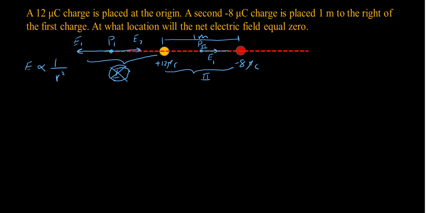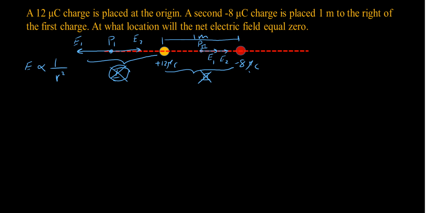For the negative 8 microcoulomb, it will also be going in the positive x direction. It is very obvious they are adding up in the same direction. That means there is no way in region 2 for the electric field to equal 0, because they will never be equal in magnitude and opposite in direction.